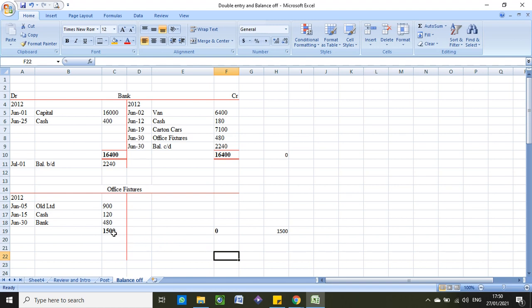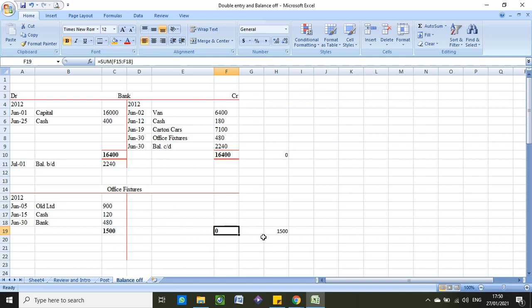So on the debit side, the total is 1,500, which is the addition of these 3 numbers. Here I do not have anything, so it is 0. So basically I need, if I do the largest number, which is 1,500 minus 0, I need 1,500 on this side to make these two equal.